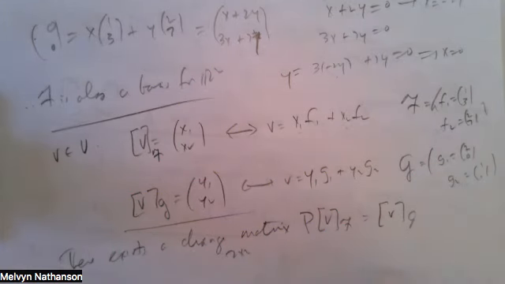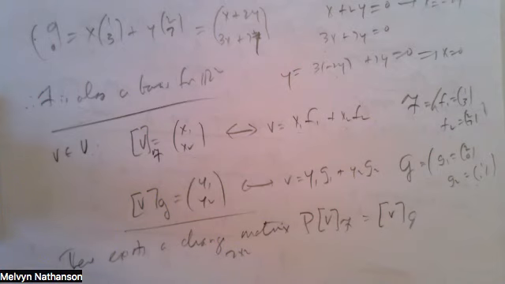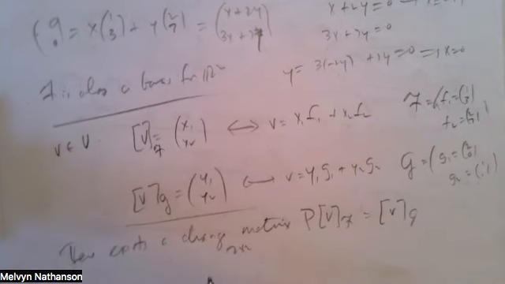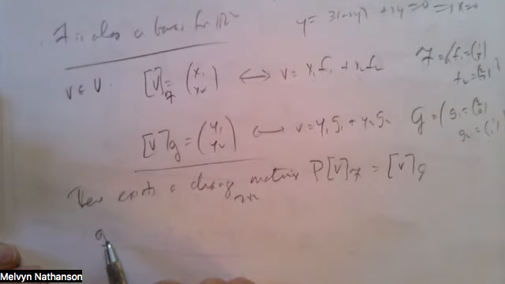Let's write G1 and G2 each as linear combinations of F1 and F2. Let me just do it in general, and then I'll work it out in this particular example.